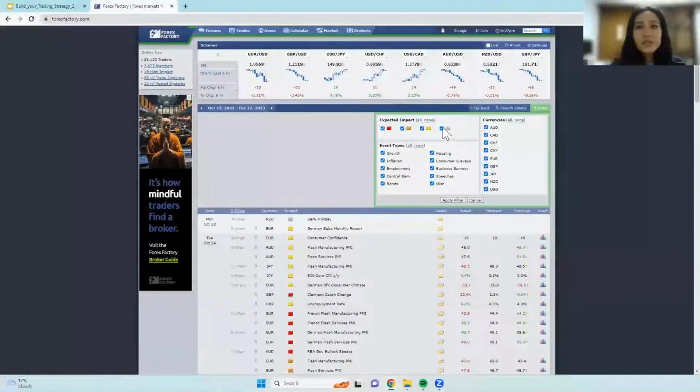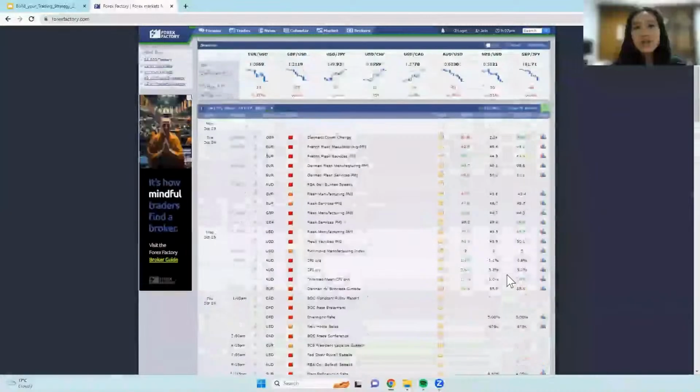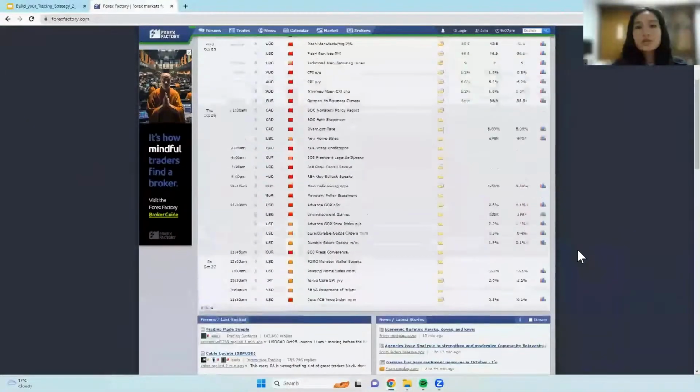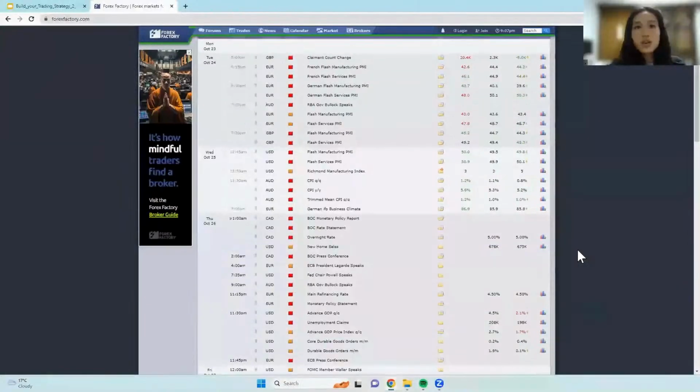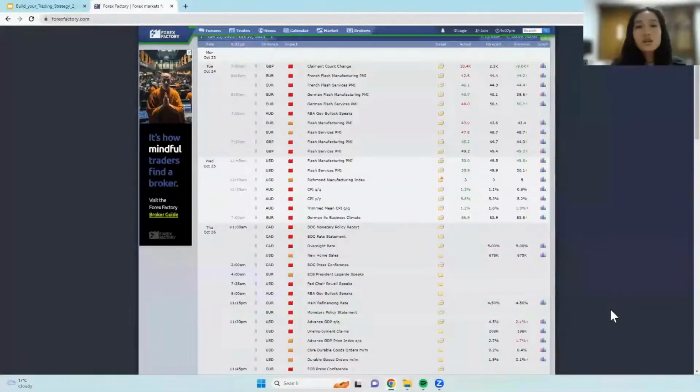As I mentioned earlier, we like to just look at the medium and high impact events. But if you are looking at a specific currency or different event types, you can adjust those as well. Then you can see all of the different events that will take place this week. It's quite a busy week with a lot of events taking place. Yeah, a lot of PMI releases.